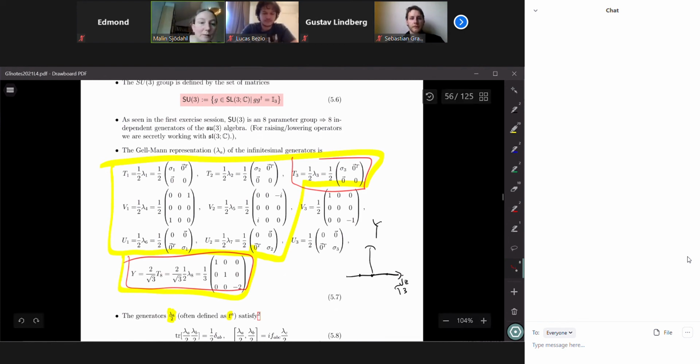Then the V matrices, that is these matrices here, including the V3, although we don't call it a generator. These matrices have sigma matrices in the 1, 3 components. And finally, we have the U matrices. These matrices have sigmas in the 2, 3 components.